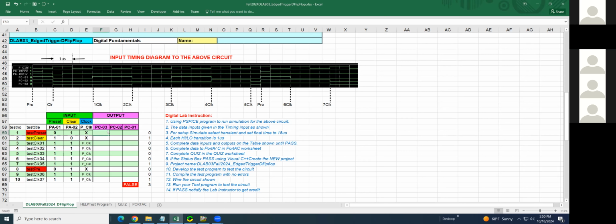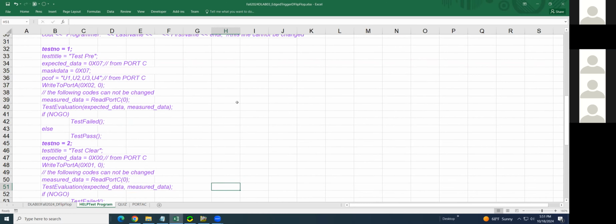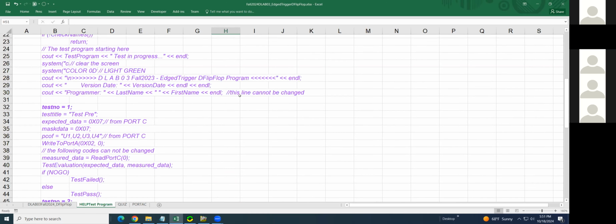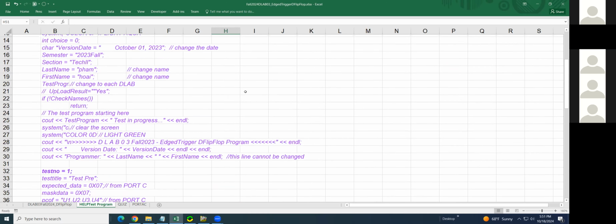Now what you need to do is collect the output and put it in here. When it passes, that means you're doing okay on this page. Then you go to the test program in here. That will be general.